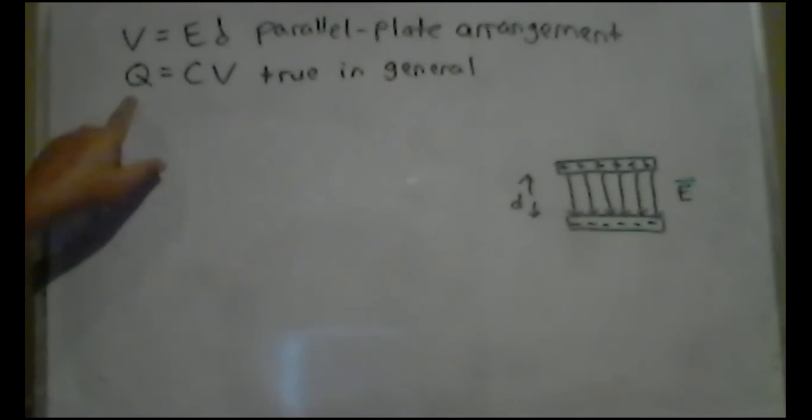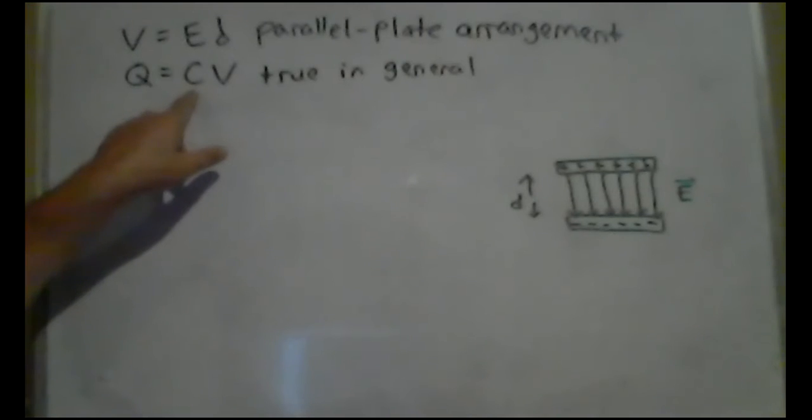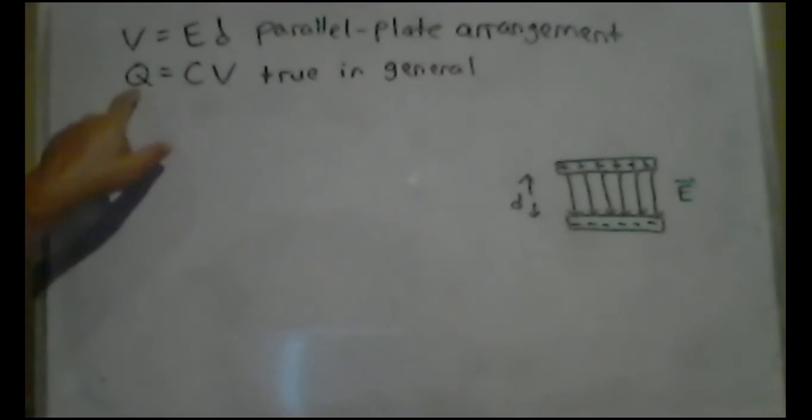So I need to be able to relate the electric field to the charge. I need to be able to connect these two equations together, and I really want to be able to express the capacitance.